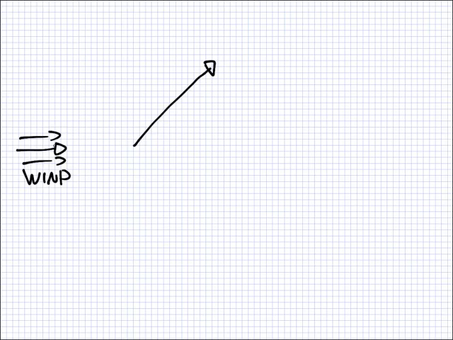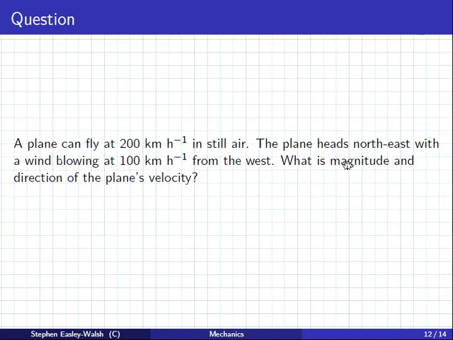So what's going to happen is this wind is going to add to the plane and affect its direction and its angle. If there was no wind, it would be 45 degrees. But now because there is a wind, this will get changed. I want to know the magnitude and direction of the plane's velocity, so in other words, factor in the wind. How does that change things?